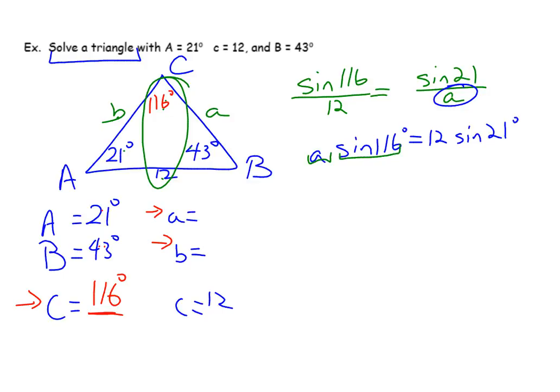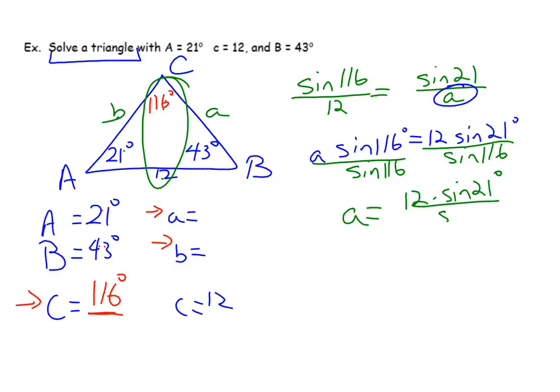To get a alone, wouldn't you have to divide by this sine of 116? Right? So if I divide both sides by the sine of 116, and again, don't forget that's just some decimal value, I would get a alone. So a equals 12 times the sine of 21 degrees over the sine of 116 degrees. And that's the value of a, calculator ready.